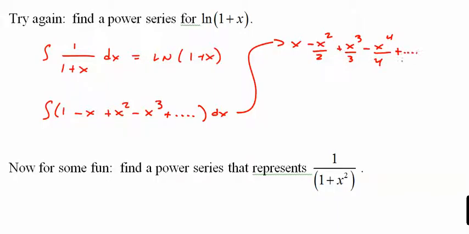And we just say that's negative 1 to the n, because it flips, x to the n plus 1 over n plus 1.